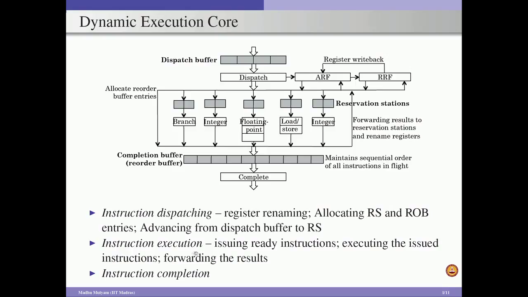As part of instruction execution, we issue the ready instructions to the functional units and execute them, and as and when the computation is done, we forward the results using this forward bus back to the reservation stations as well as to the rename register file. Once the instruction has finished its execution and comes to the head of the ROB, we complete that instruction by writing the values to the architectural register.